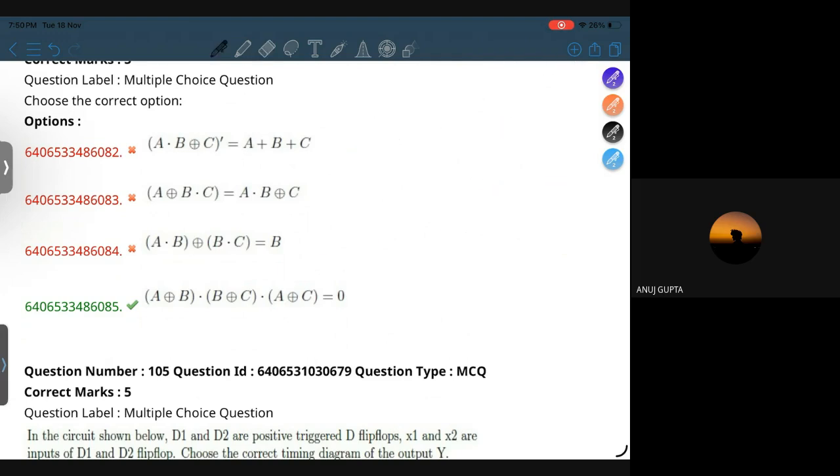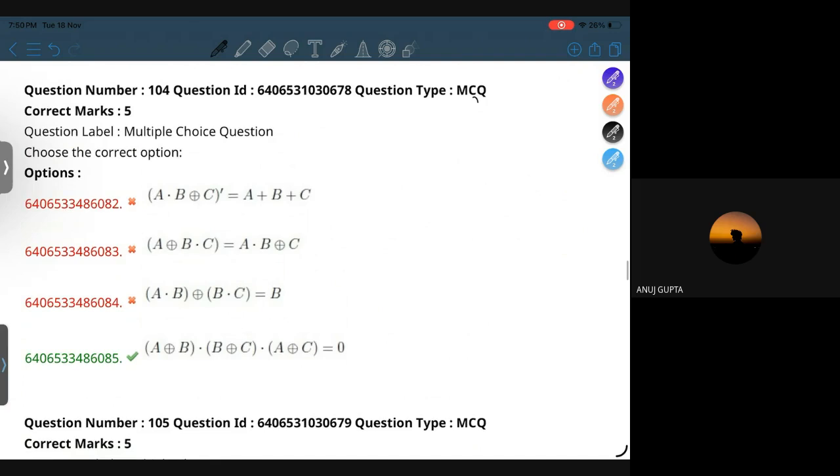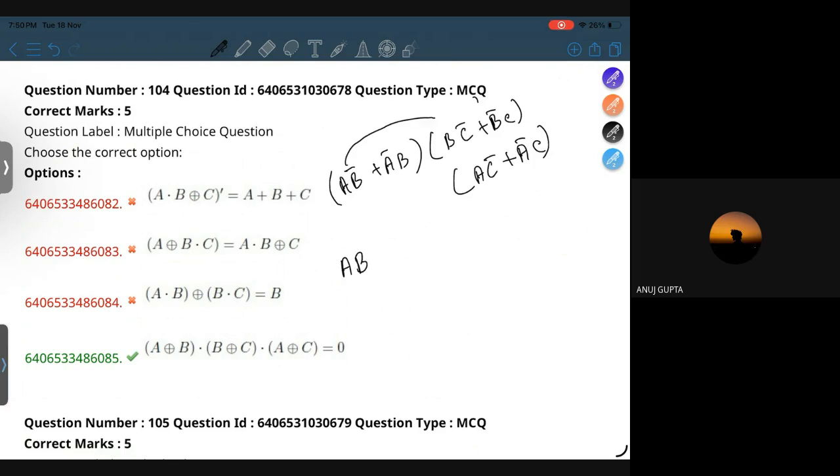The fourth one is (A B complement plus A complement B) multiplied by (B C complement plus B complement C) multiplied by (A C complement plus A complement C). So if we solve the first two brackets, this will cancel out.